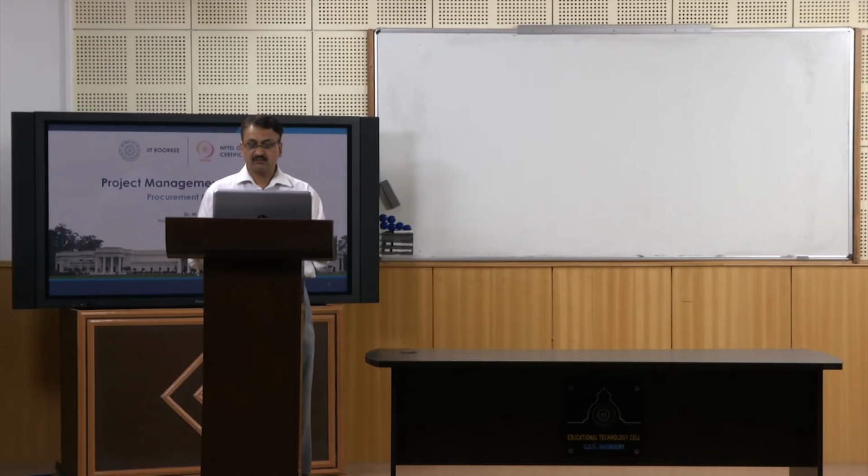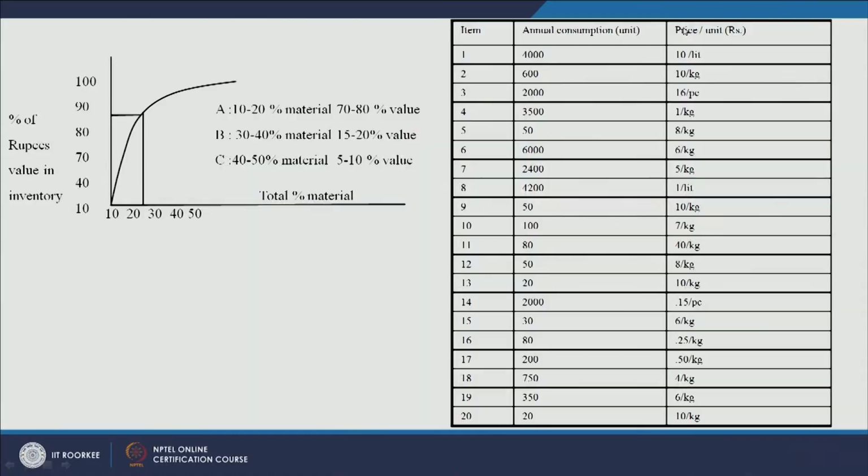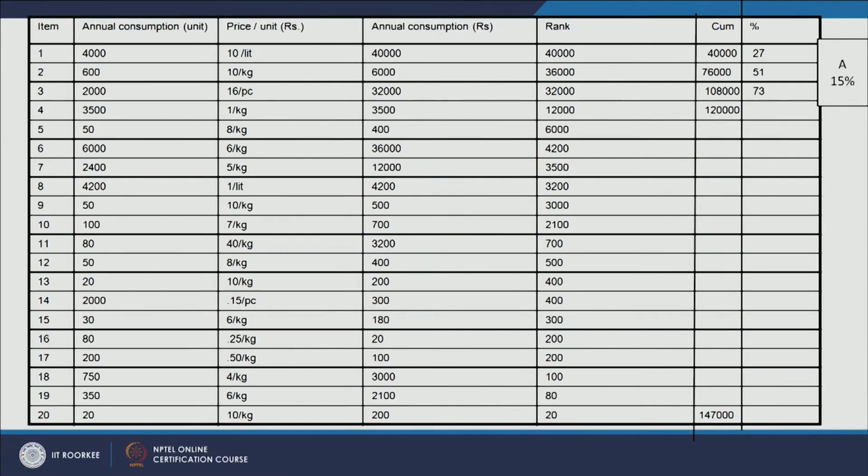So, just convert these two columns into their rupee value, the annual consumption. You just multiply these two columns, so you will get the annual consumption value. As I said, 4000 into 10, 40,000; 20 into 10, 200.